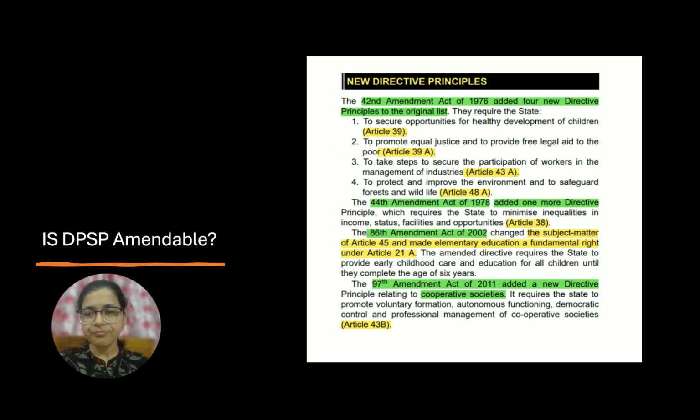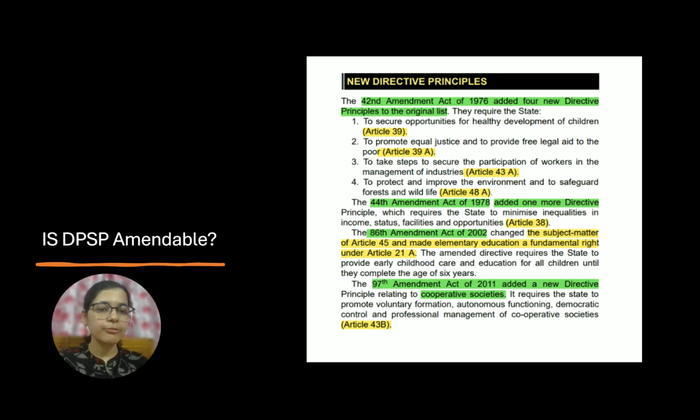The next question is, is DPSP amendable? The answer is yes, because through different amendment acts we added a few DPSP to the original list. For example, through the 42nd Amendment Act, we added new directive principles, that is Article 39, Article 39A, Article 43A, Article 48A.